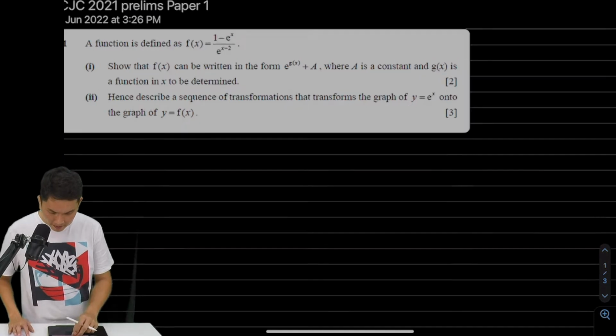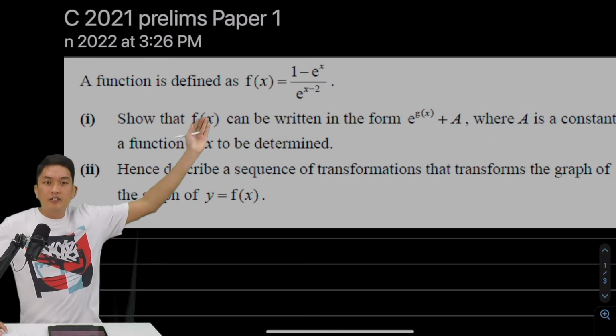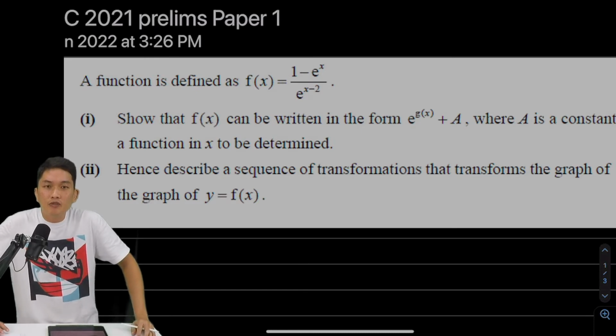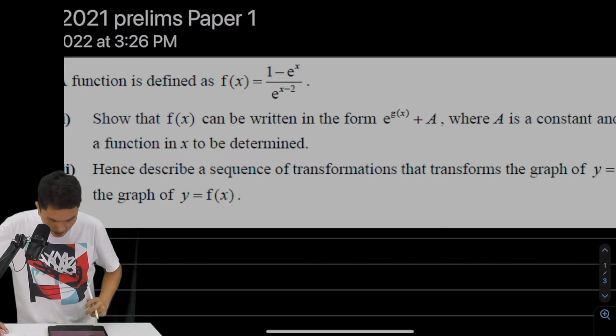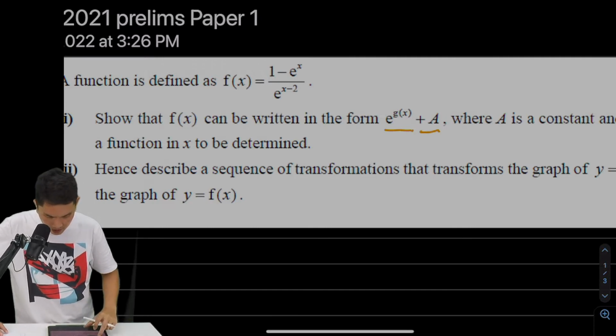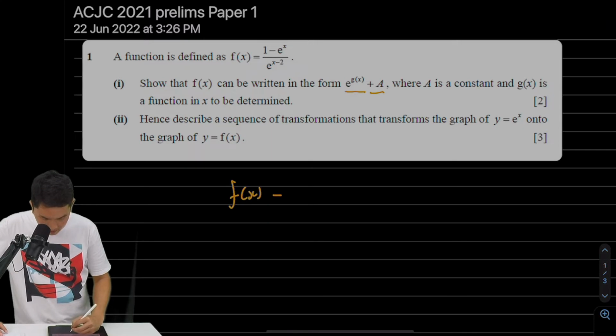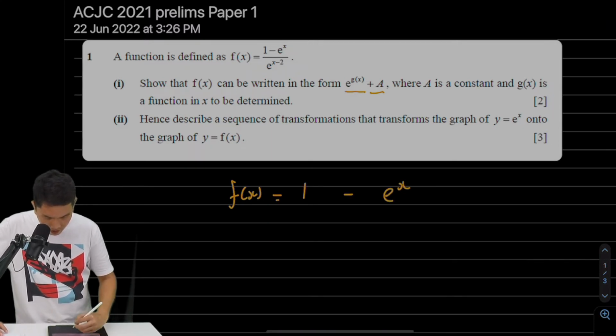In question 1, you are given a function f of x, defined this way, and you want to re-express this in part 1 in the form of an exponential function plus a constant. I guess how we can do that is we can write f of x as two separate fractions. You just need to separate the numerators and write them over their own denominators.